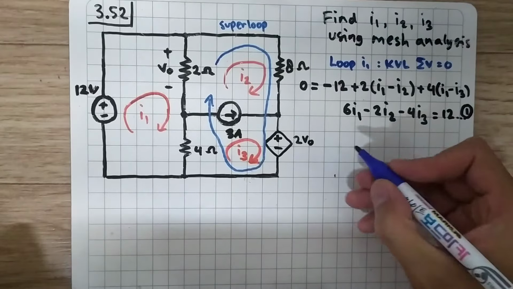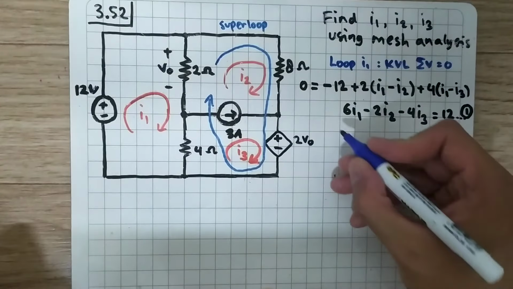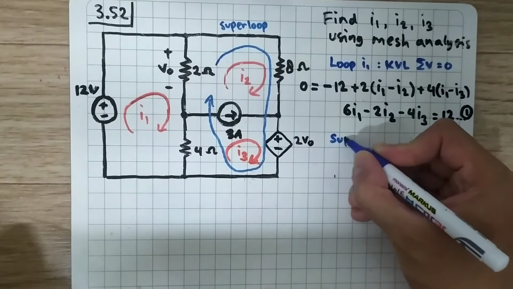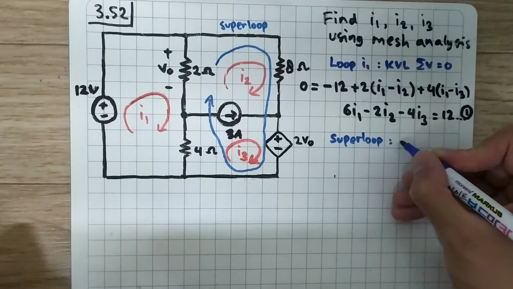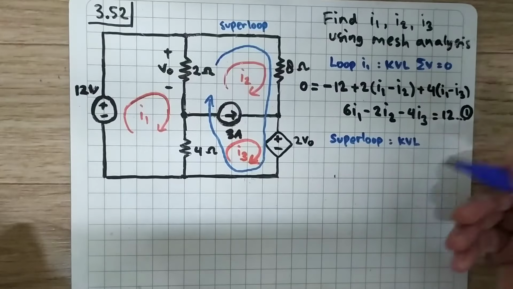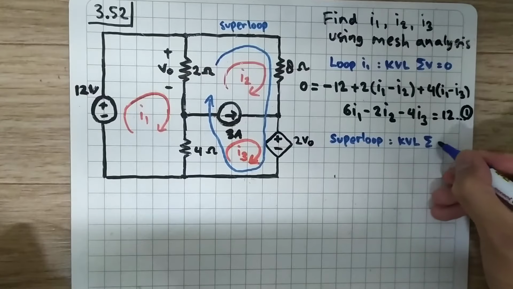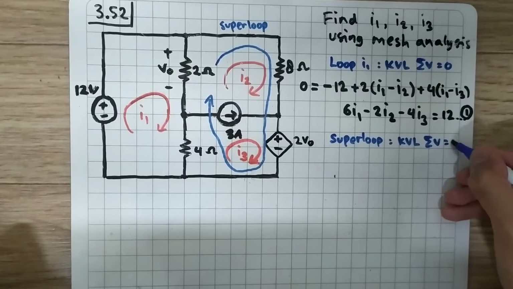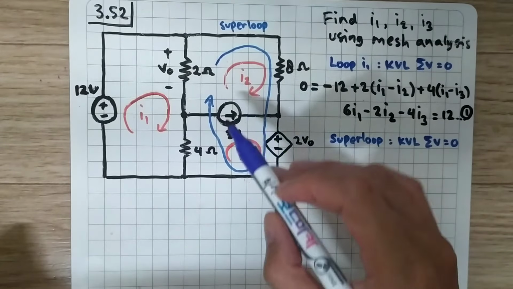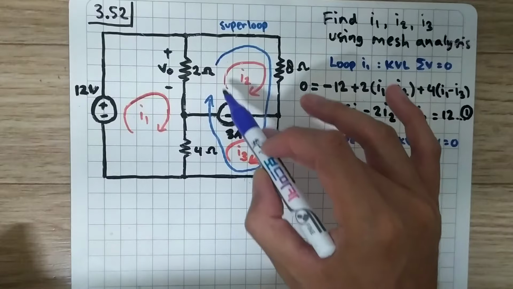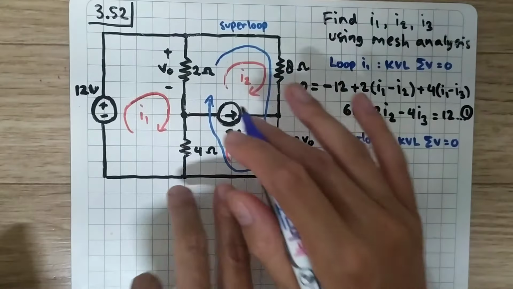Now let's do the super loop analysis. So at the super loop, again we are using KVL, which is that the sum of voltages is equal to 0. If we are doing super loop analysis, we don't look at the super loop current, but at each individual current that it contains.